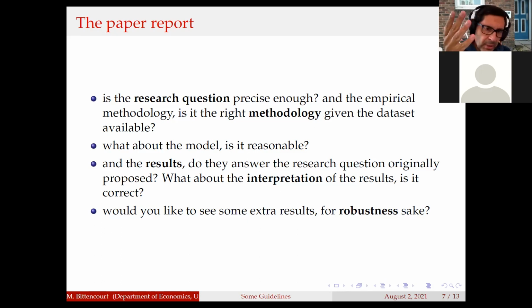What about the model itself, the regression, right? Is it reasonable? And the results, do they answer the research question? Are the results helping the authors to answer the initial research question? Sometimes, especially students, you have a nice research question, but then you run some very crazy regressions, and the whole thing gets muddled in the middle, and you don't manage to answer your research question.